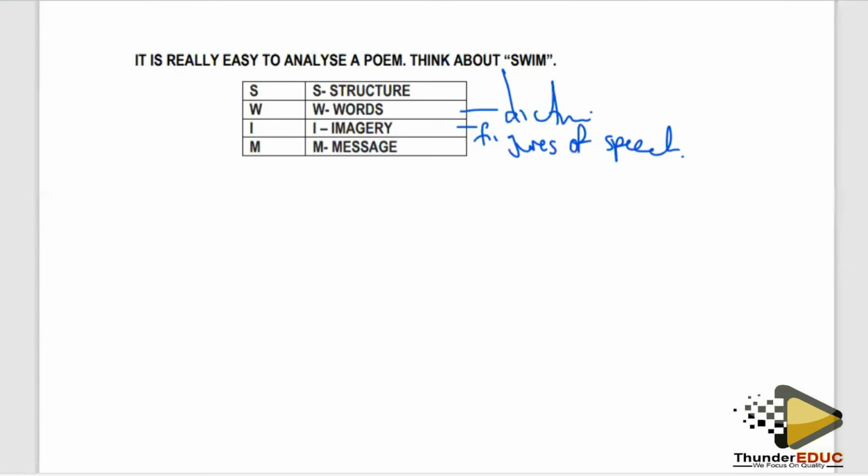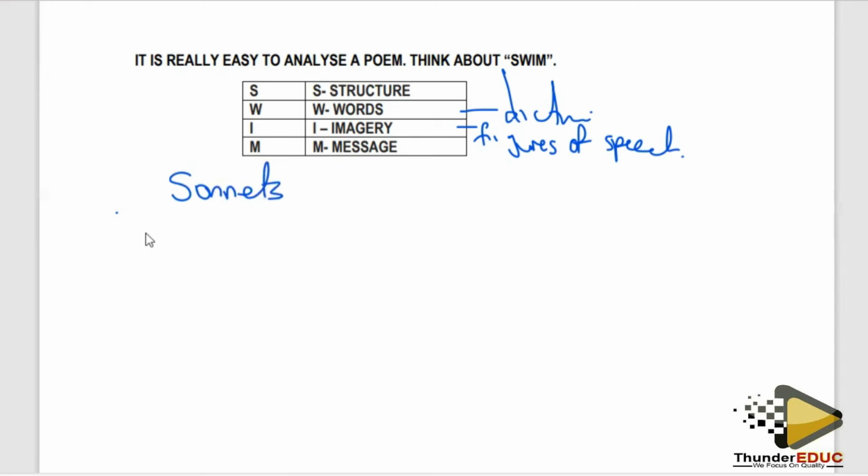I think we've broken down imagery, we've broken down diction, we've broken down the message. We've talked a little about the structure, so you must be clear. I'm going to go to structure of the poem now. Structure of the poem depends on the type of poem it is. There are different types of poems.